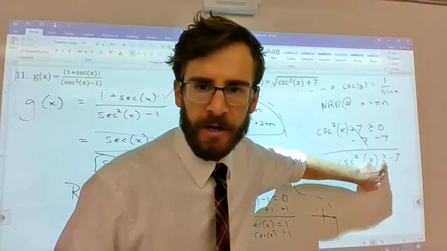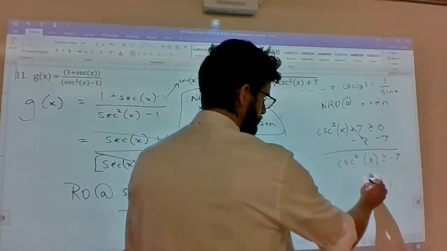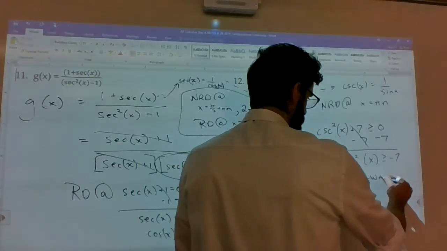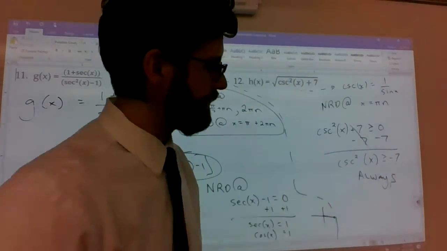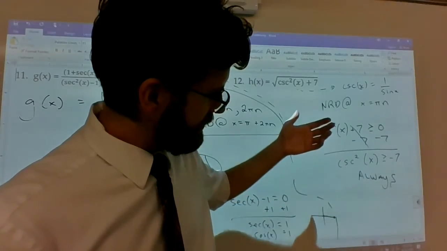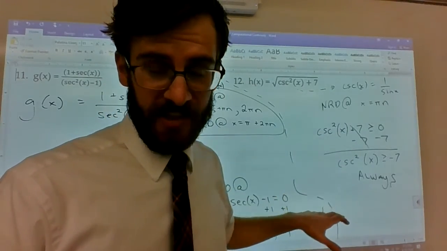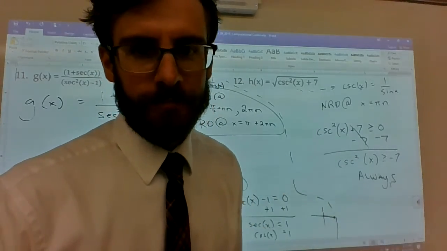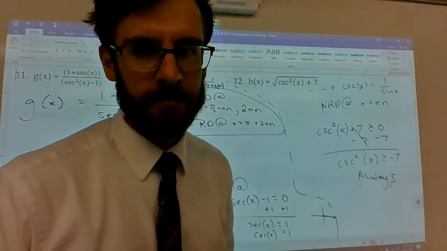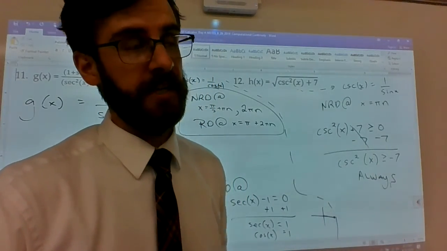When is that going to be bigger than negative 7? Always. There's an infinite number of solutions to this inequality. This inequality is basically stating, throw in any x you want. It's still going to be greater than negative 7. Always going to be greater than or equal to negative 7.